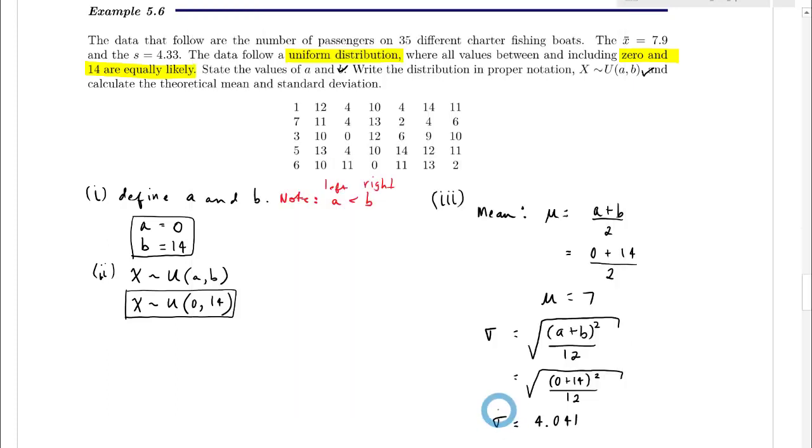Okay, and these units are the number of passengers, right? So let me go ahead and box these. And I can write a sentence about it, right?